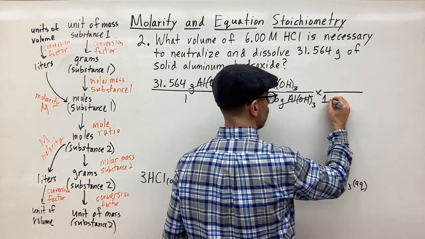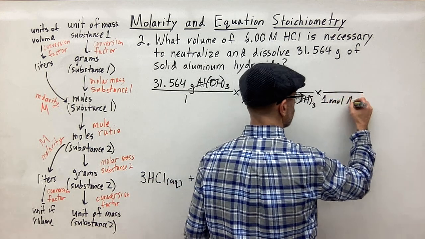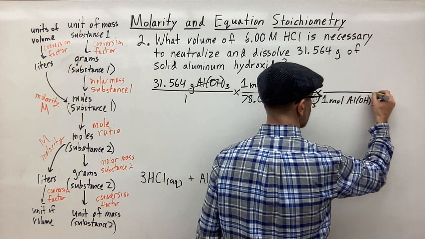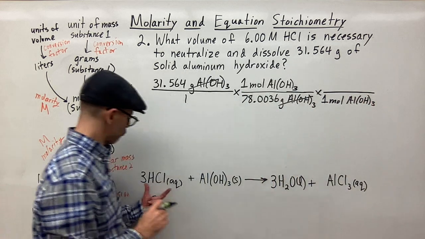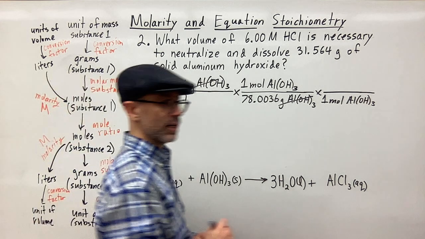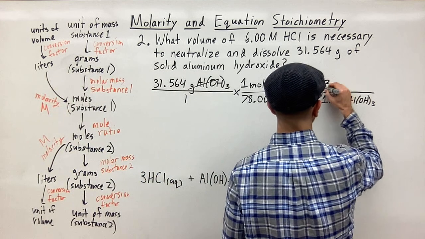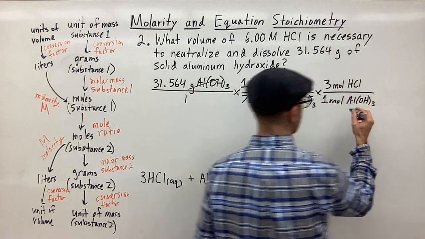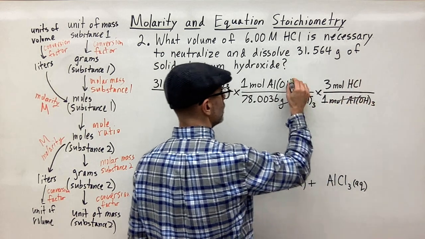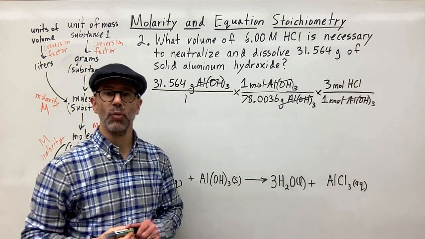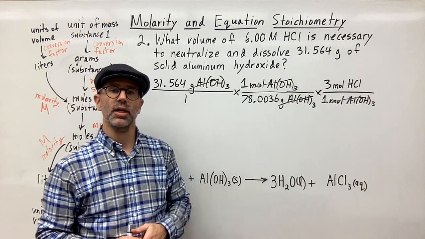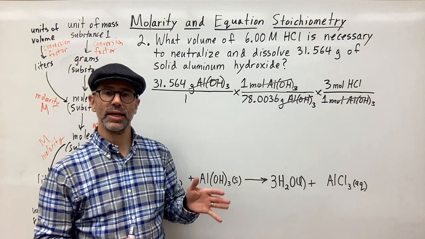So 1 mole of the aluminum hydroxide on the bottom, and I have 3 moles of the HCl. That's going to go on top. So 3 moles of HCl. So here, moles cancel out. Now I have moles of the HCl. So I have 3 moles of HCl. Now I can continue on.